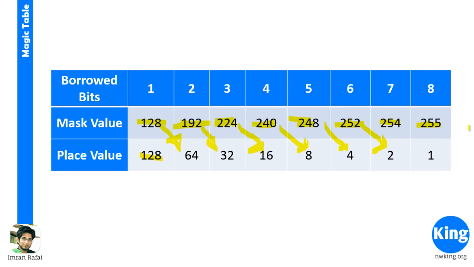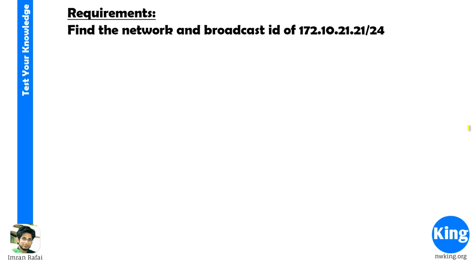These are standard numbers: 128, 192, 224, 240, 248, 252, 254 or 255. I'm reiterating this again, your subnet mask has to be one of these numbers. You cannot have any other number in your subnet mask. Simple as that. Fantastic.